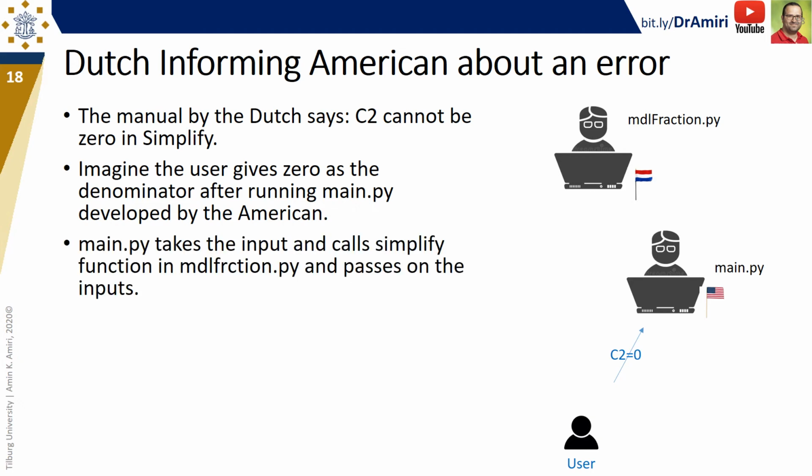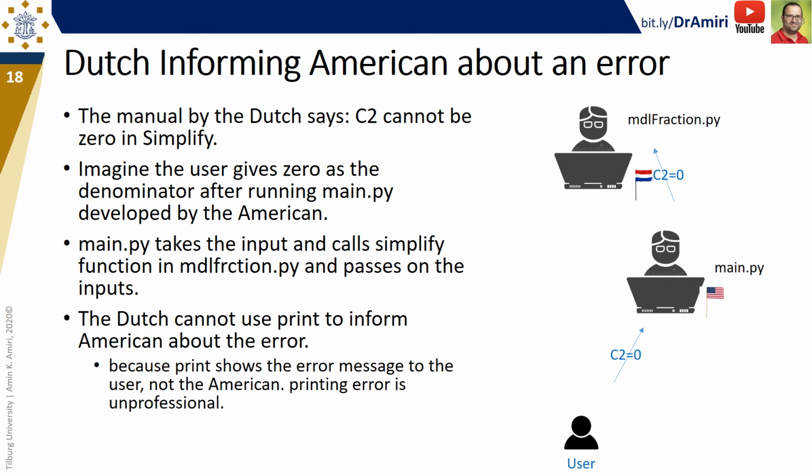So what happens here is that main.py takes the input and calls simplify function in the MDL fraction, which was created by the Dutch programmer. So it just simply, without checking if the denominator is 0 or not, directly sends 0 to the simplify function in the MDL fraction.